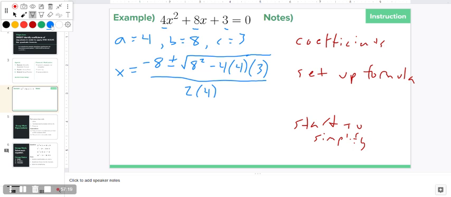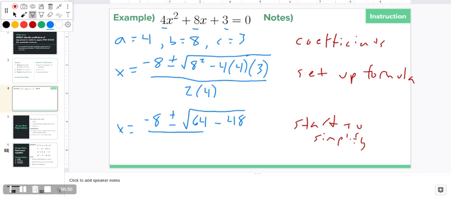And let's start doing that over here. So we'll get x is equal to the negative 8 stays the same. We can't change that at all. Plus or minus, we're going to save until the very end. We can start simplifying everything under the square root, right? 8 squared is 64. And then we have subtracted by 4 times 3. So that would be 48.